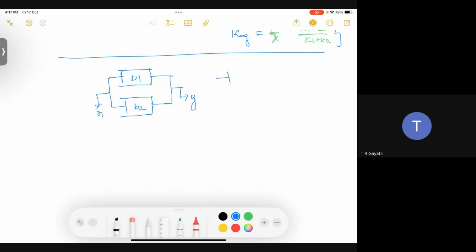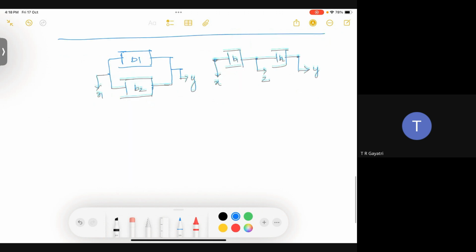Similarly, I am going to connect the dampers in series in the next step, where I am considering displacement x in the first node, displacement z in the intermediate node, and there is another damper B2 and displacement y in the last node. So this displacement varies with respect to how many nodes are connected in between.